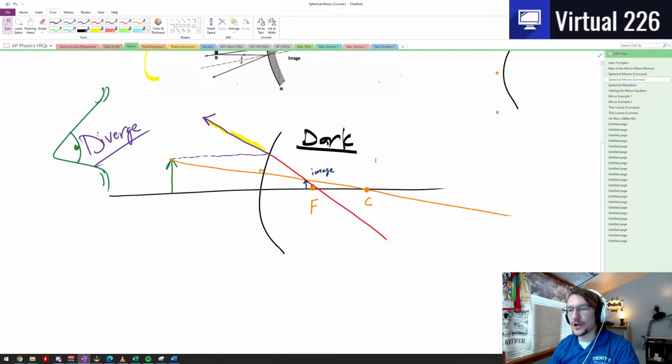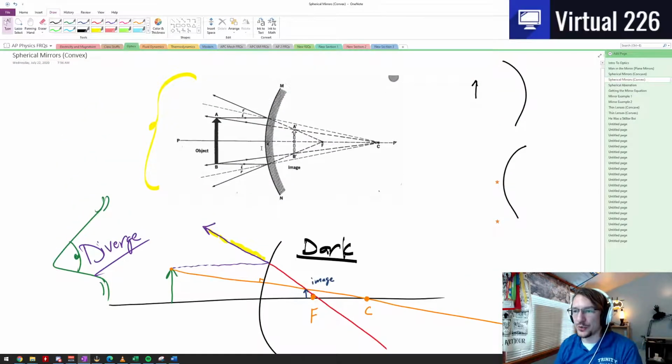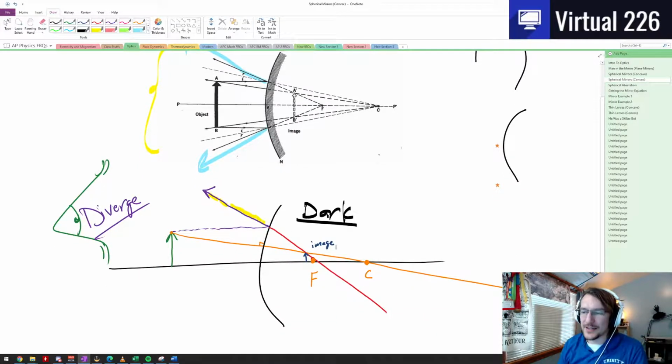So that's what's going on with a convex spherical mirror. All of the light is hitting it. It's reflecting out and diverging, and we can see up here all of these light rays, like I said, these are going up, these ones are going down, they're all diverging, but when we move them back, we see that there is an intersection point, and that intersection point creates an image.